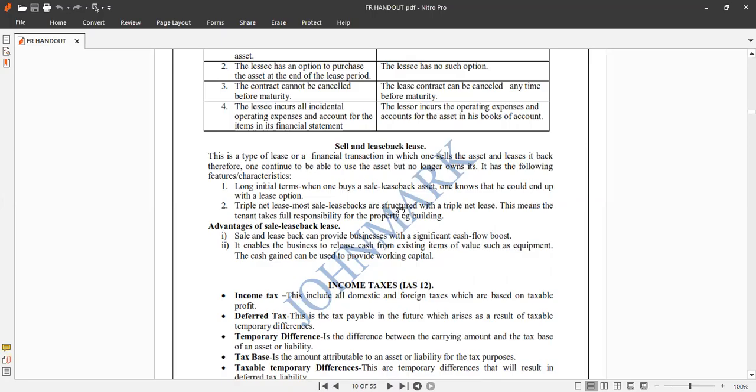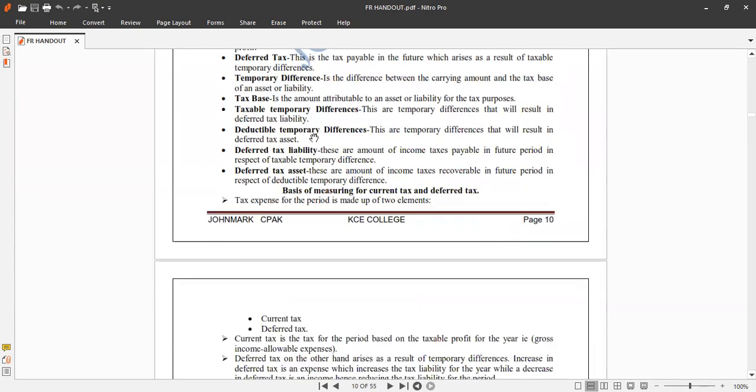If I sell it to you at 10 million, then I lease it back from you, in this case I'll only be required to pay a lease rent of 2 million per annum. Now, the excess cash, 10 minus 2, the 8 million, I can use to finance my day-to-day operations. So that means it provides working capital, and it also provides the cash flow boost.